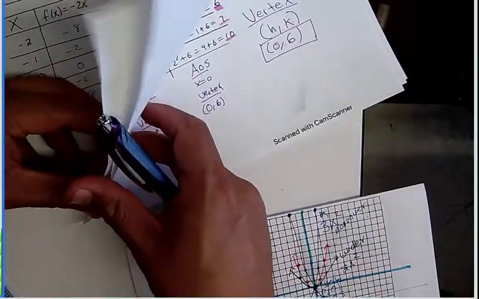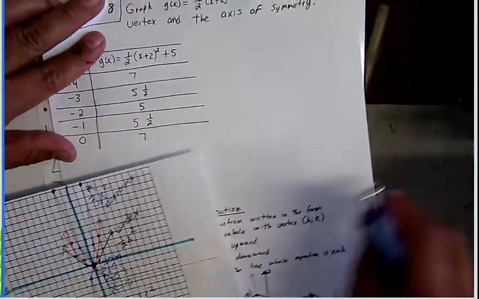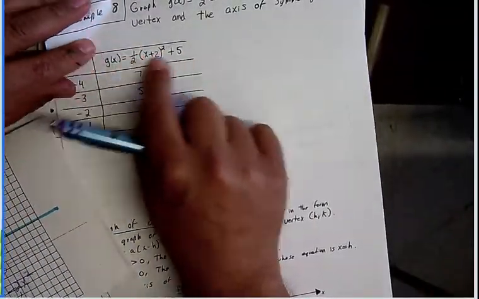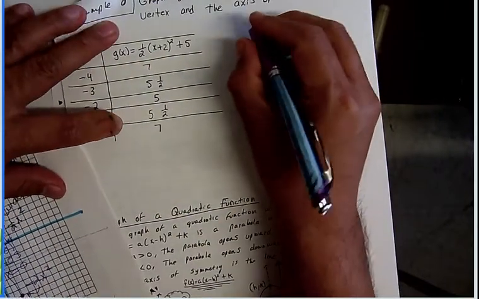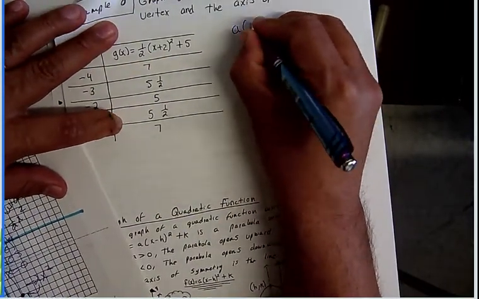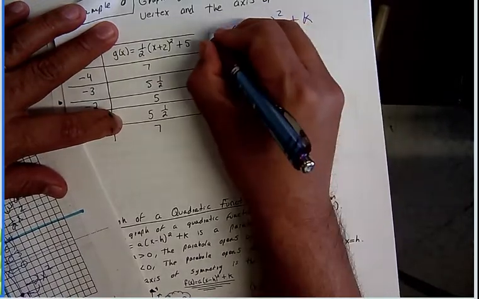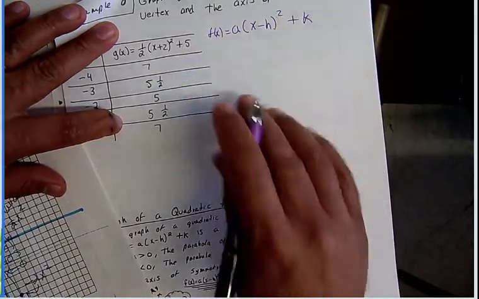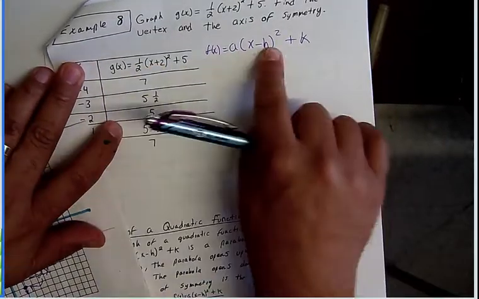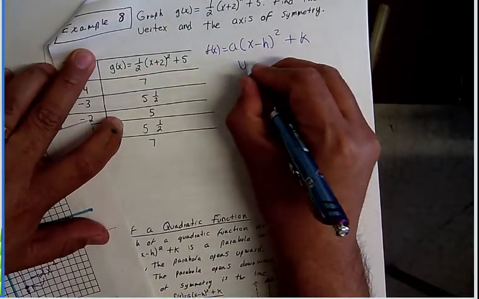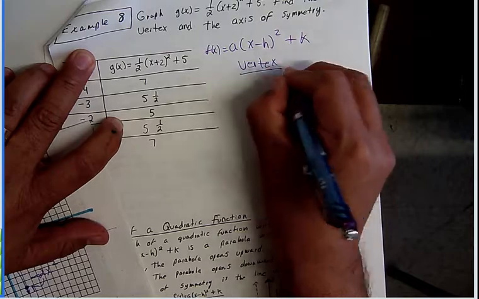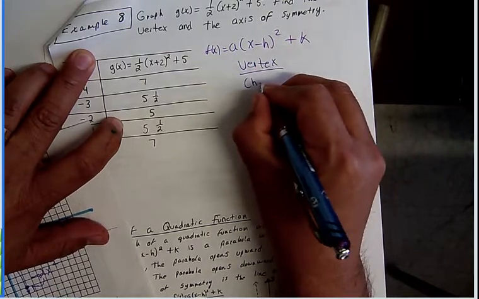Okay, now let me show you what happens with the last one. This is called the vertex form, which is like this. In general terms, that's how it looks. The vertex, when you have it in this form, would be the h and the k.